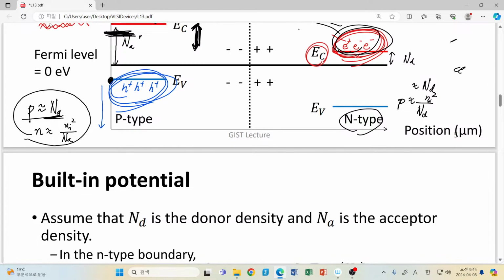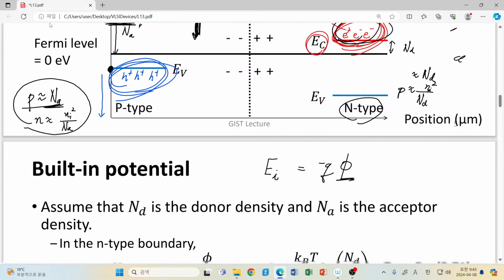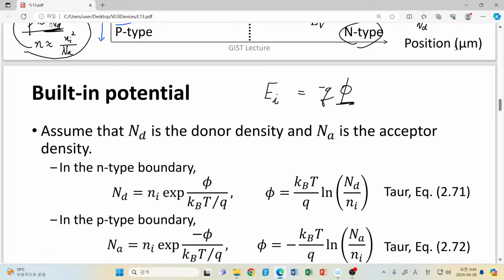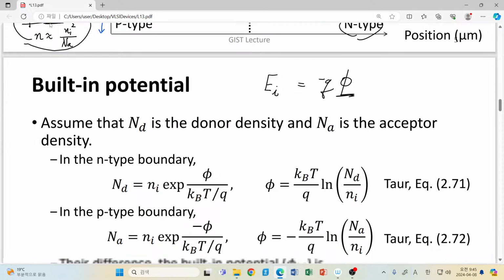Please try to remember the relation between your intrinsic Fermi level and the electrostatic potential. So the electrostatic potential is just pointing out the intrinsic Fermi level of our reference material. So now we can understand that potential will also show certain variation in between these two regions, the p-type region and the n-type region.